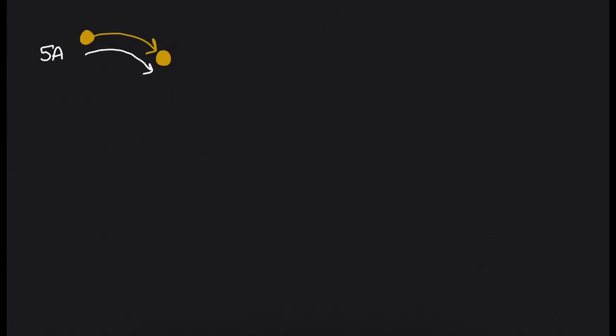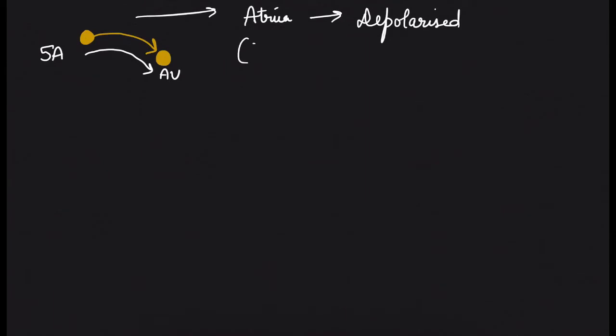Now once the impulse has reached from SA node, it has depolarized the atria, it has reached AV node. Now once it has reached the AV node and depolarized both the atria, so both the atria are in depolarized mode, so there is no potential difference anywhere in the atrium. It is an isoelectric phase for the atria.